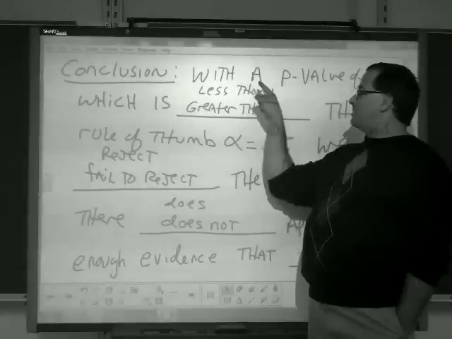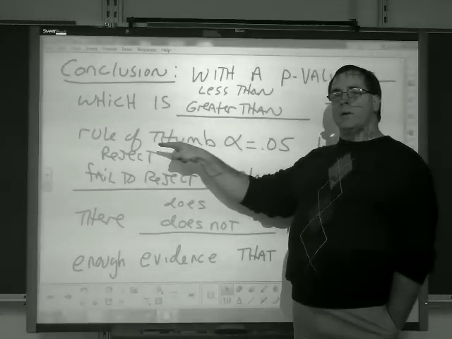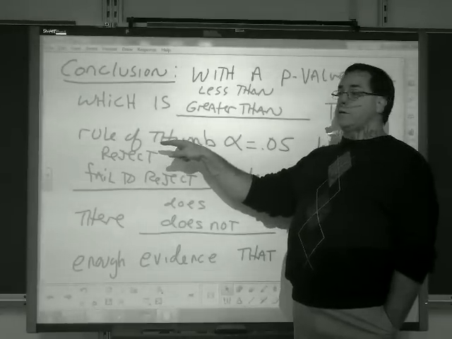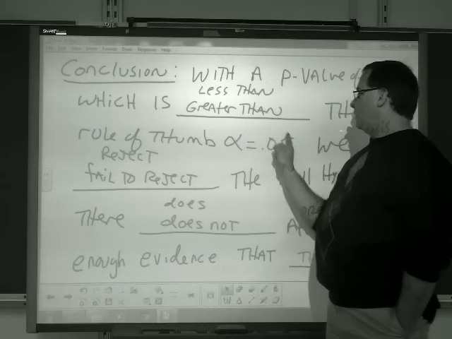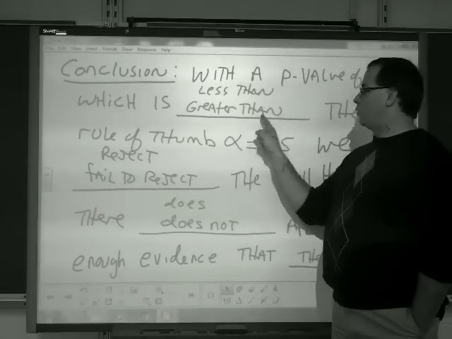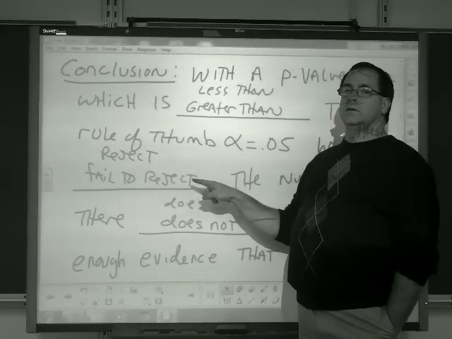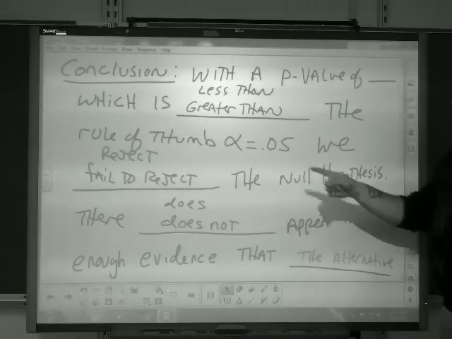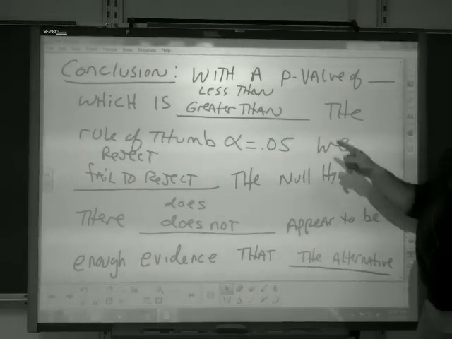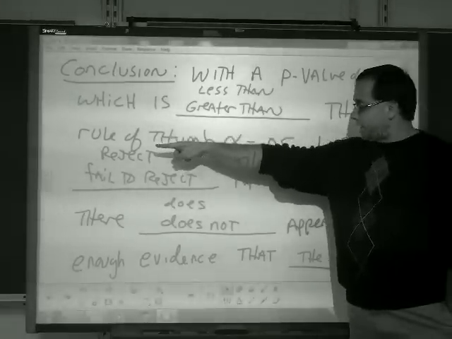Well, if it's less, we are going to reject the null hypothesis. We have evidence. If it's greater than, then it's not significant, so we fail to reject the null hypothesis.